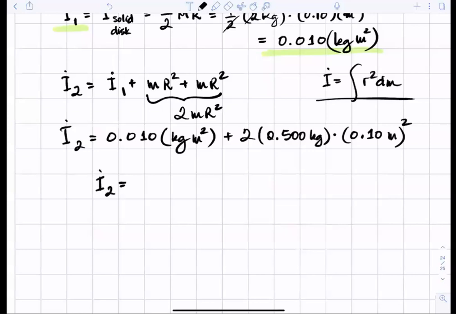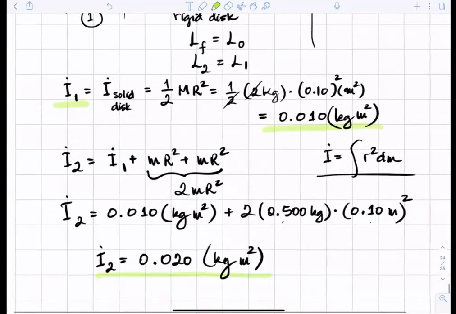After you plug everything together, I am getting 0.020 kilogram meter squared.